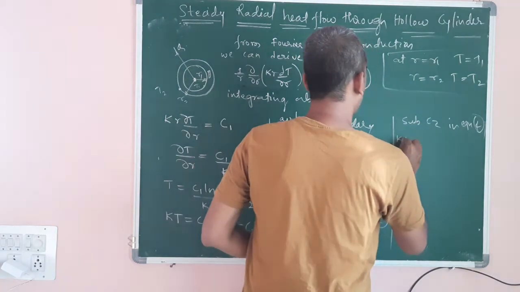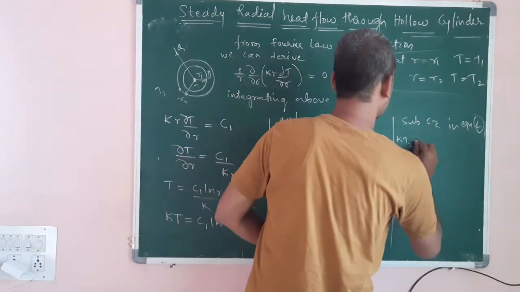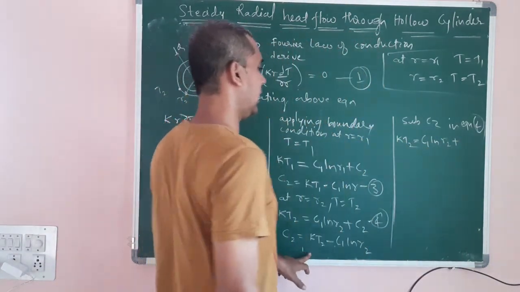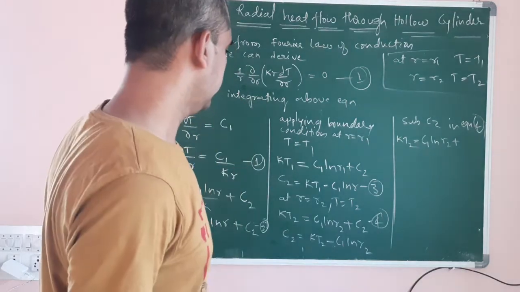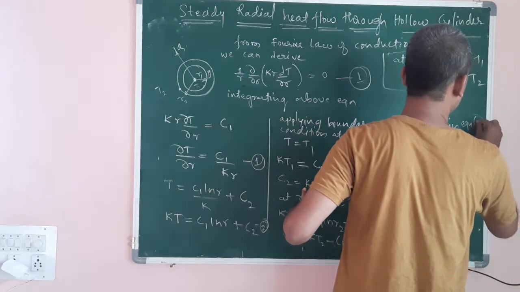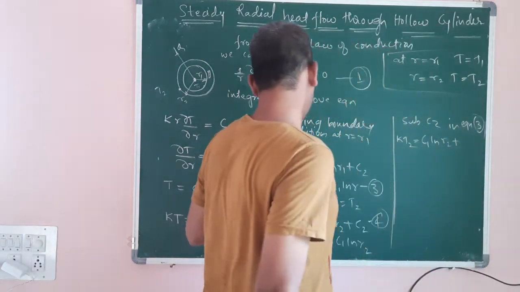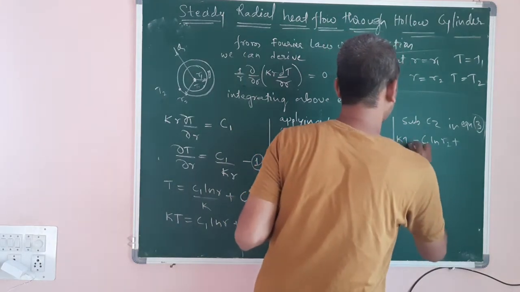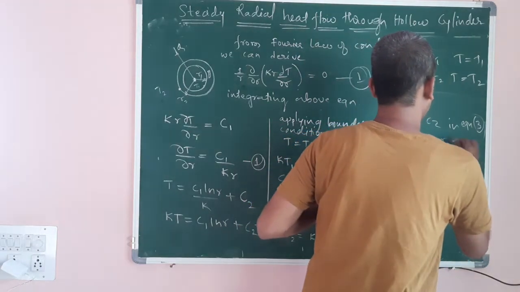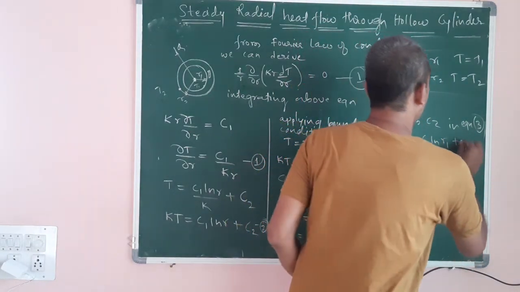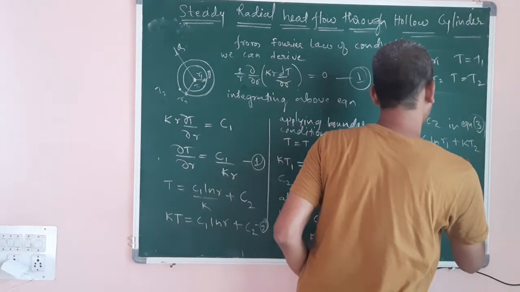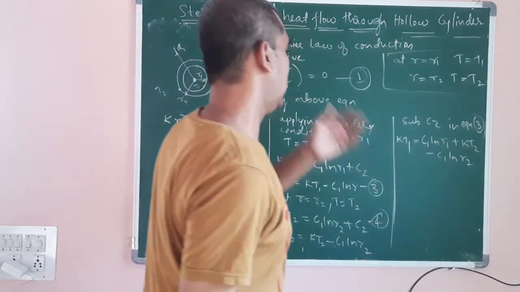It will be kT1 is equal to C1 ln of R1 plus C2. C2 is nothing but kT2 minus C1 ln of R2. What will I do?